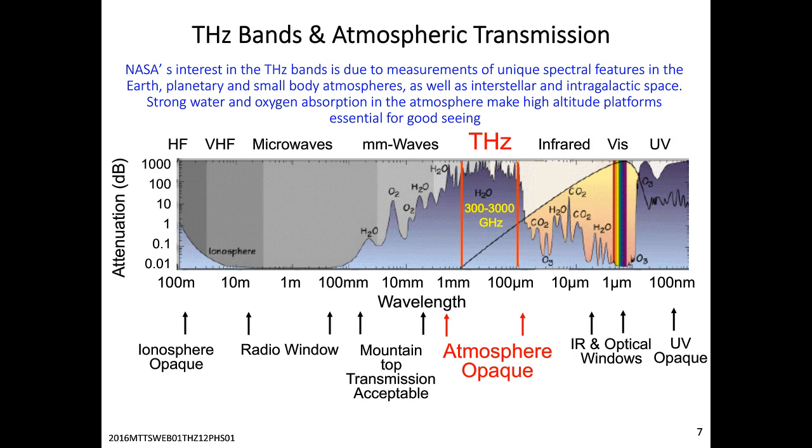And so that is why NASA, ESA, JAXA, they're all interested in terahertz as a driver for satellite observations. And so you have to get above the atmosphere in order to measure these very important molecular signatures that really help you understand what's going on in outer space.